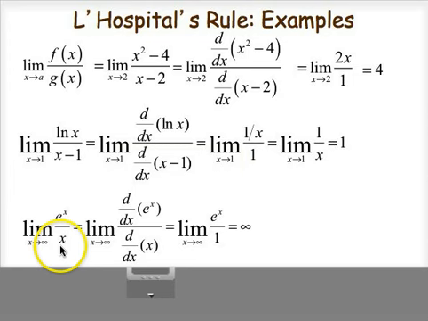So infinity over infinity is yet another indeterminate form. So therefore we can use L'Hopital's rule. So we take the derivative of the top, the derivative of the bottom. This is what it ends up being after the derivatives are taken. And then now I can stick infinity into this top function and I just get infinity.